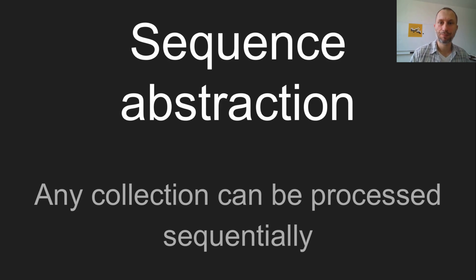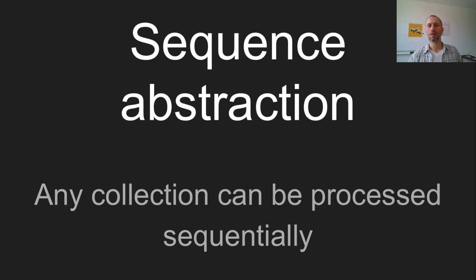Sequence abstraction. This is a thing you actually know by now, and you used it. All we have to do is say it and make it explicit. You know different kinds of collection data structures: lists, vectors, hash maps, hash sets.